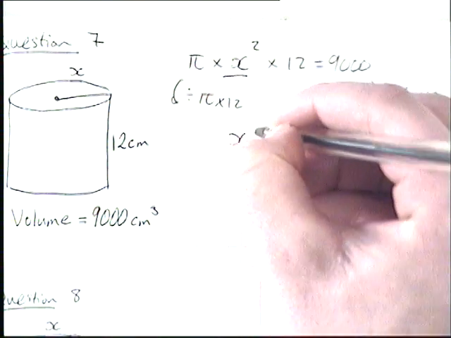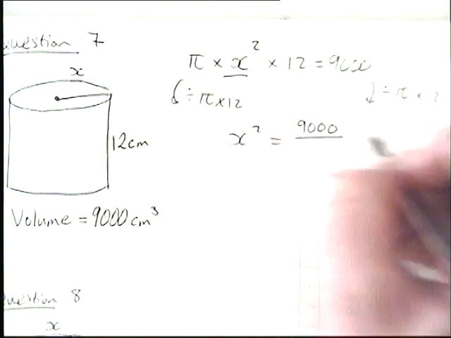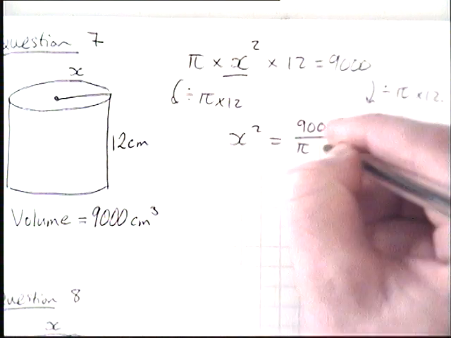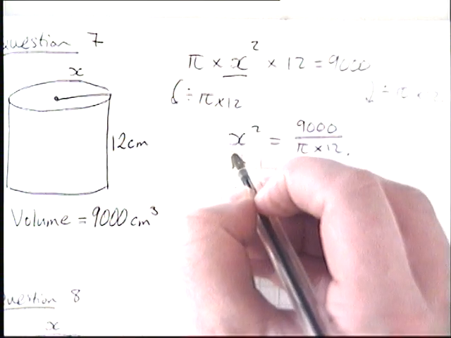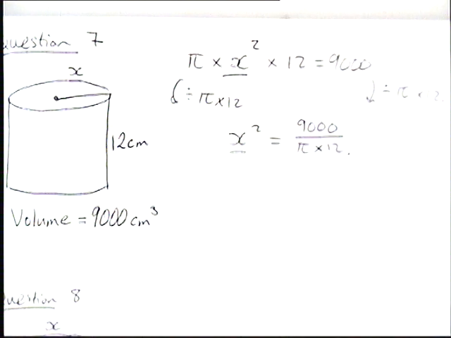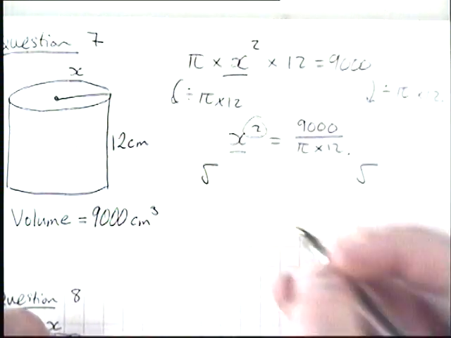So we're left with x squared equals 9,000, all divided by pi times 12. We still haven't got the x all on its own because we've got x squared at the moment. So we need to square root both sides to get rid of the square.